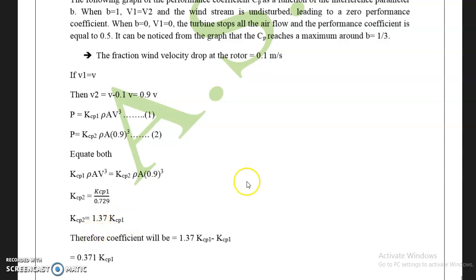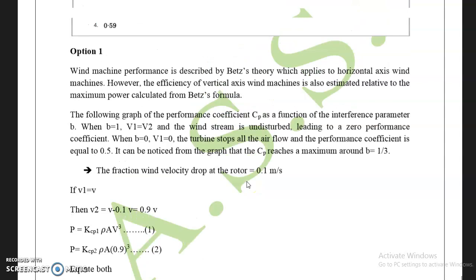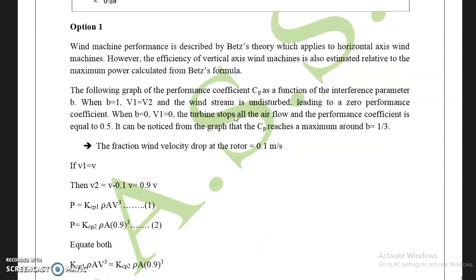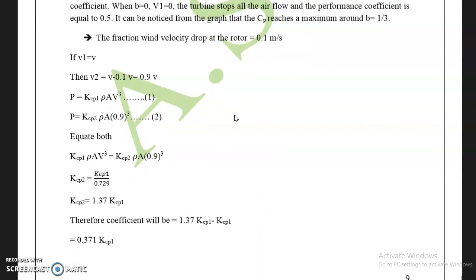But they have asked how the coefficient of performance will be affected if the fractional wind velocity is dropped by 0.1. So KCP2 minus KCP1 will give us the answer, and as we have already calculated, KCP2 is equal to 1.37 KCP1.